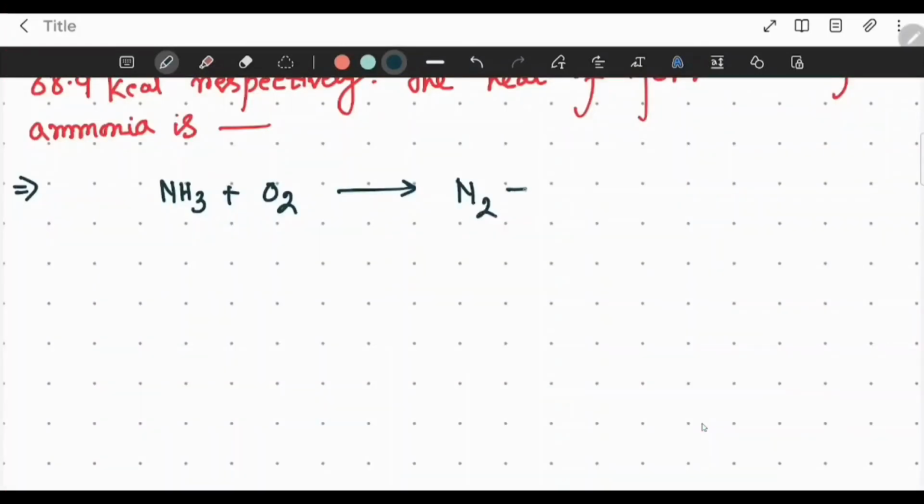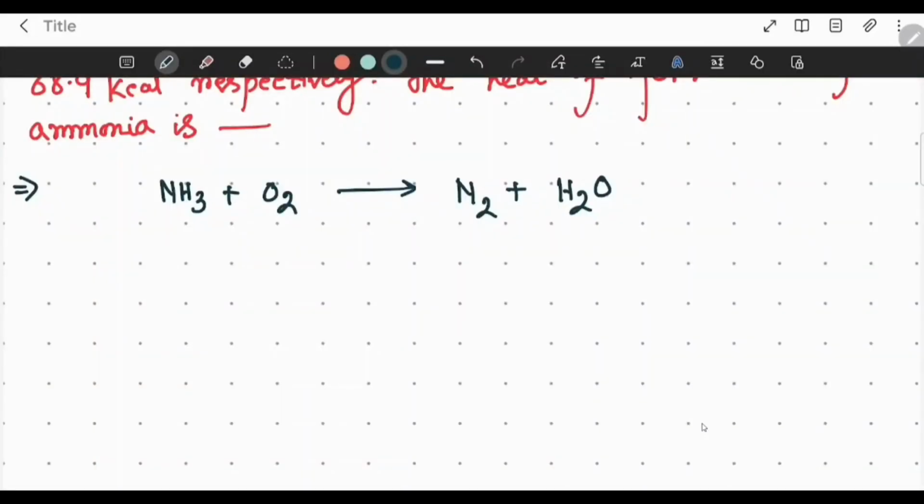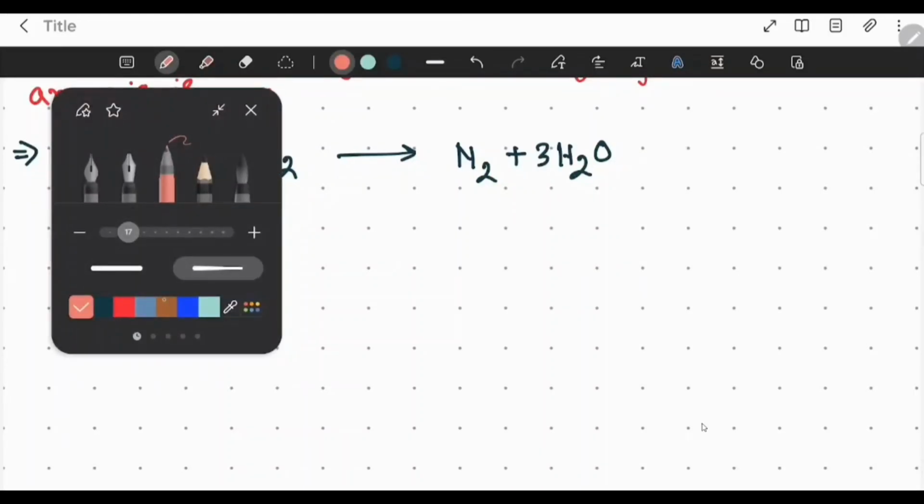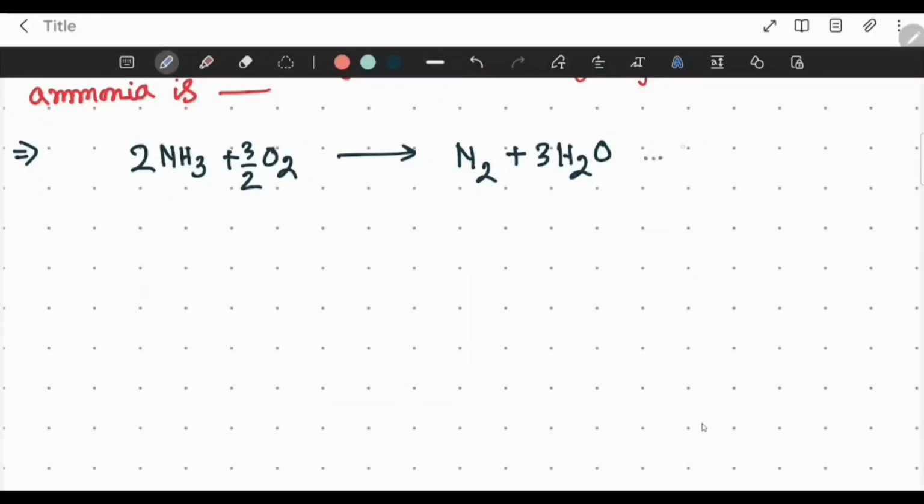It will form N2 plus H2O. Now you can balance this. Here it will be 2, then 3, then 3 by 2. This del H is given. Let's say this is our reaction A.